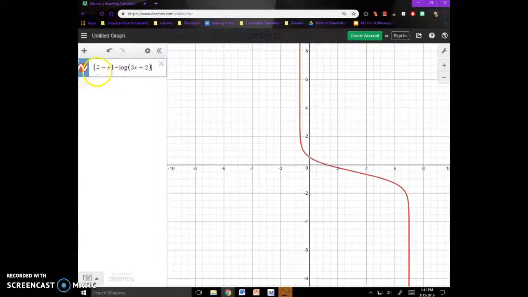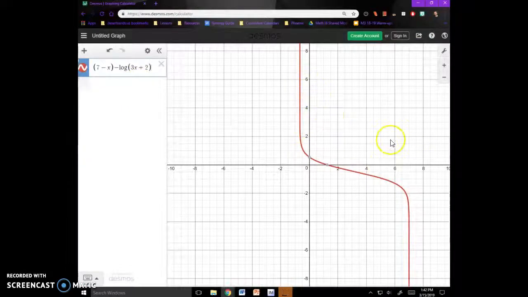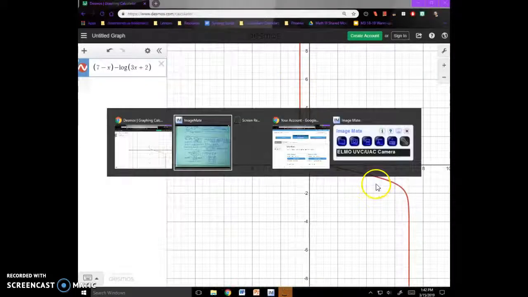Okay, and just to be safe, I'm also going to put the y equals. Oh, I did put a y equals. I thought I didn't for a second. All right, so we get that logarithmic looking graph right here. Well, sort of logarithmic looking anyways.